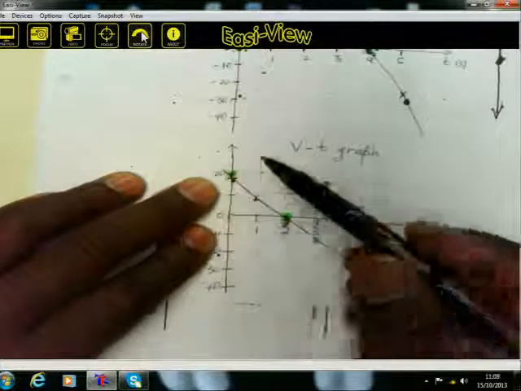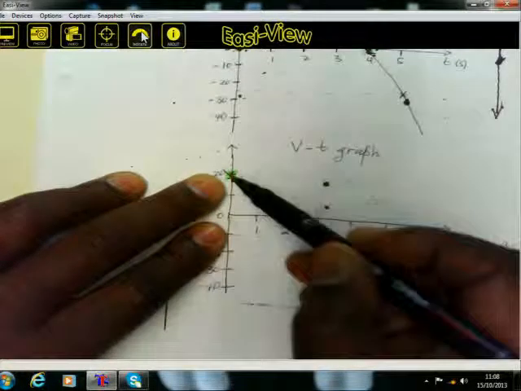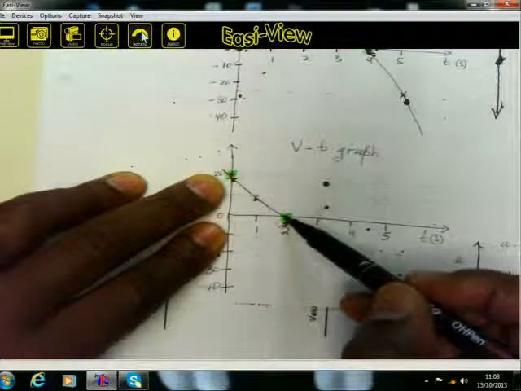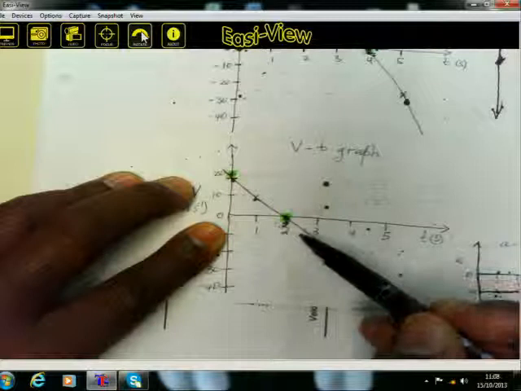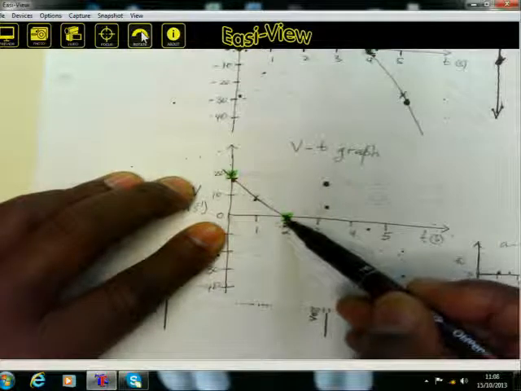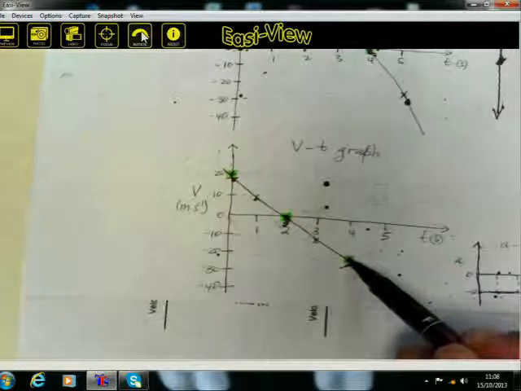This object was thrown up with an initial velocity. It goes to the highest point, so its velocity is 0 after 2 seconds. The velocity changes direction and increases in the opposite direction.